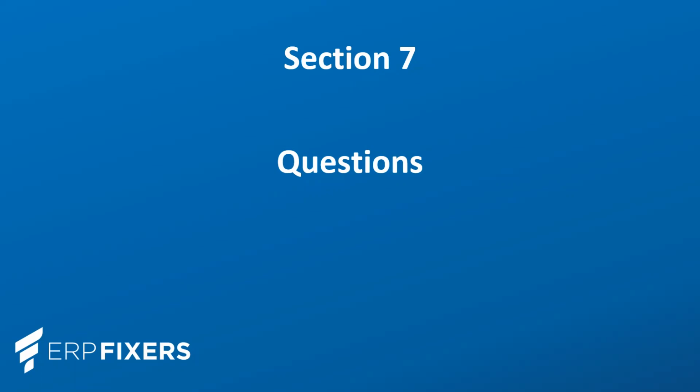Next question. With the actual costing activated, do we still need variance splits? Wow, I believe so. These are great questions. I'll have to confirm that again, unless somebody's got an answer and they can put it in the chat.